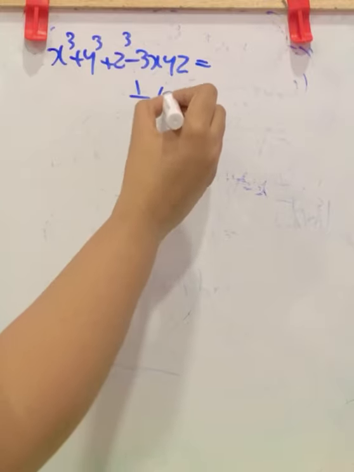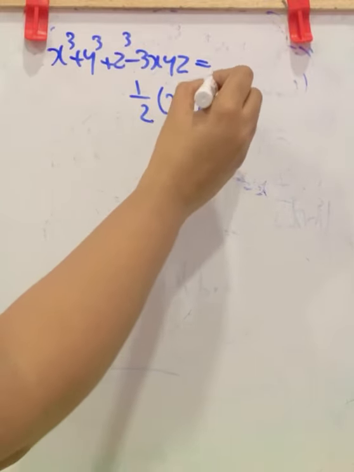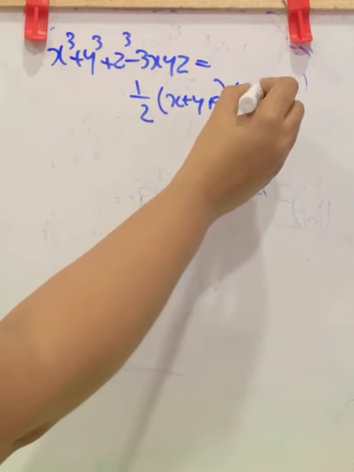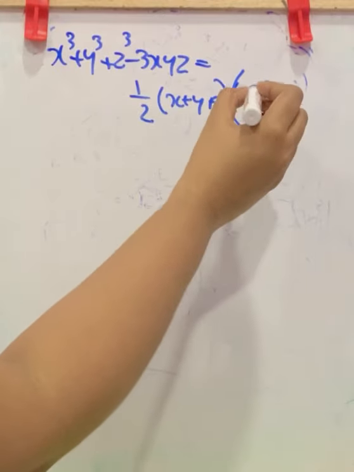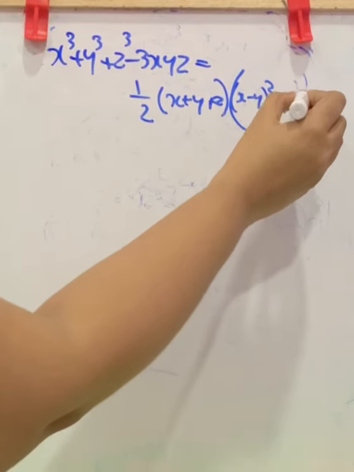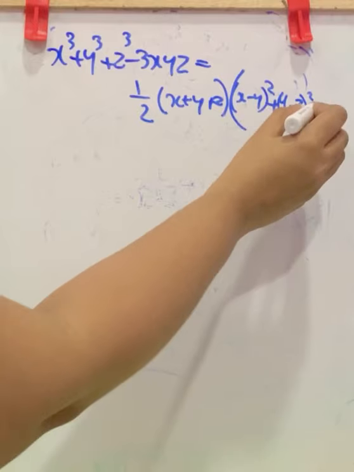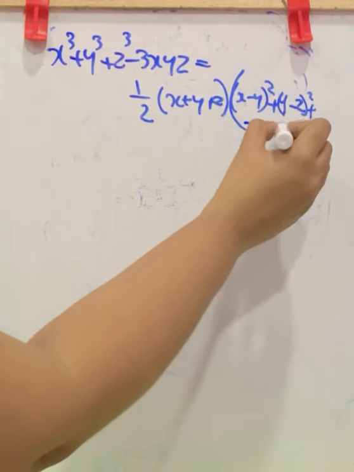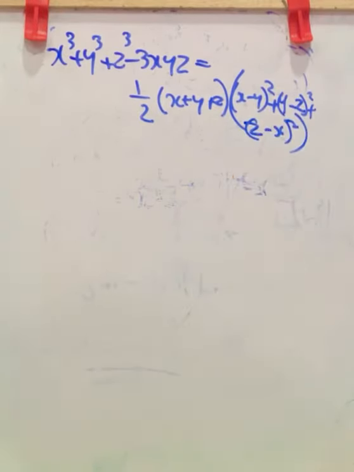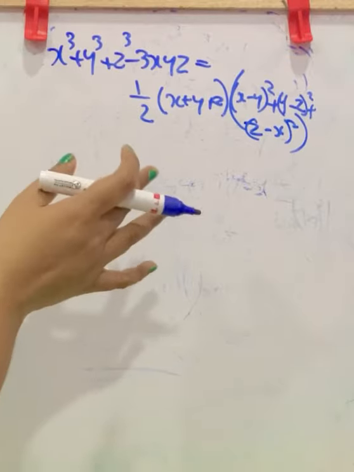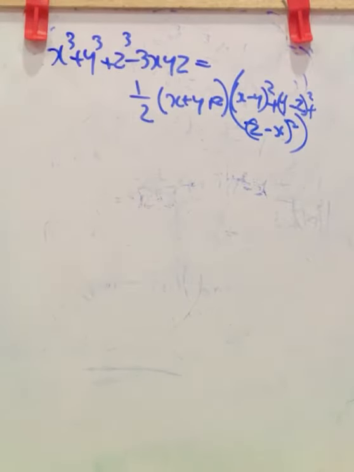Next, verify that x cube plus y cube plus z cube minus 3xyz is equal to half into x plus y plus z into x minus y whole square plus y minus z whole square plus z minus x whole square. Close the bracket. Now here we have to verify LHS is equal to RHS.